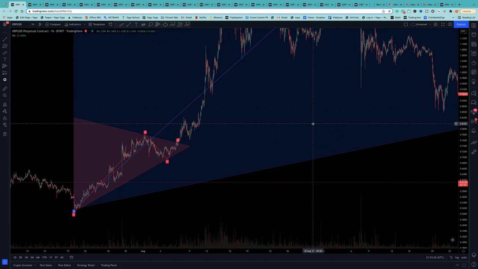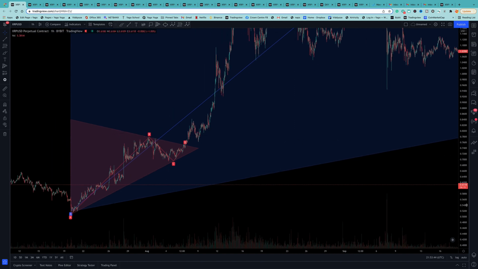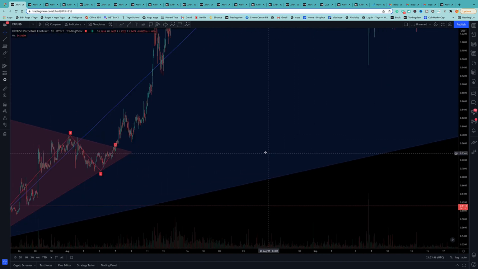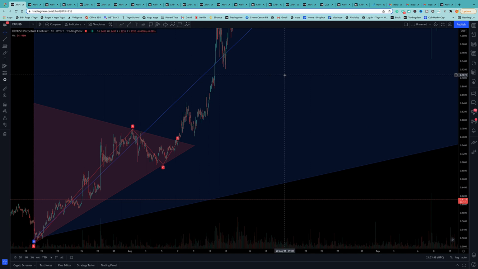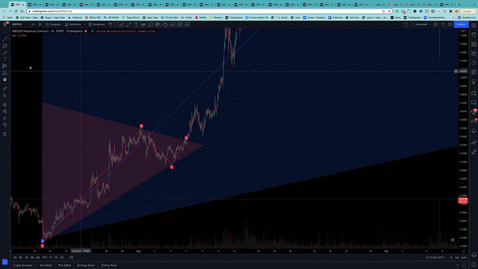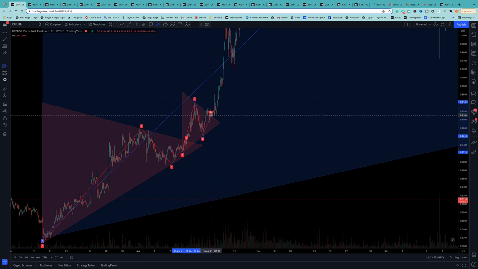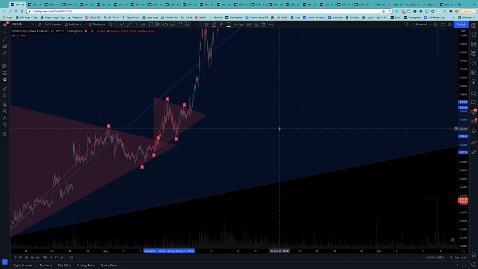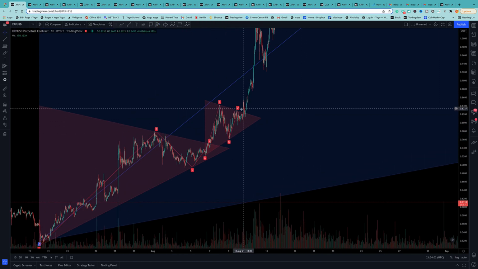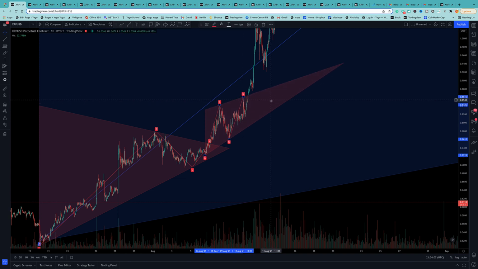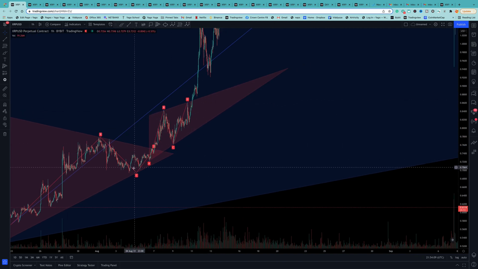Okay, so now we're on the hour, and again, this is where it gets a little tricky, because this here is also, you can even probably do this. You can probably do that with it.